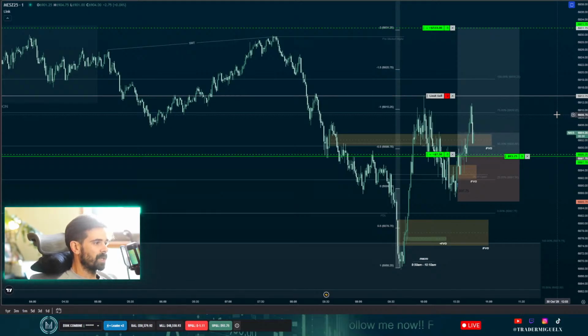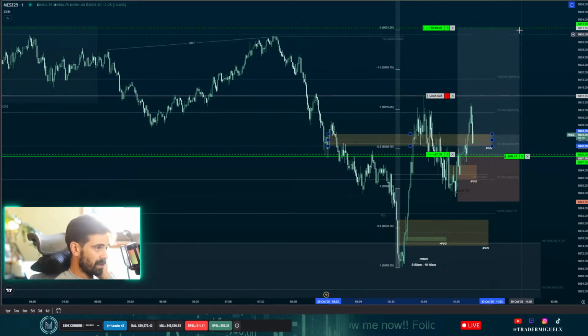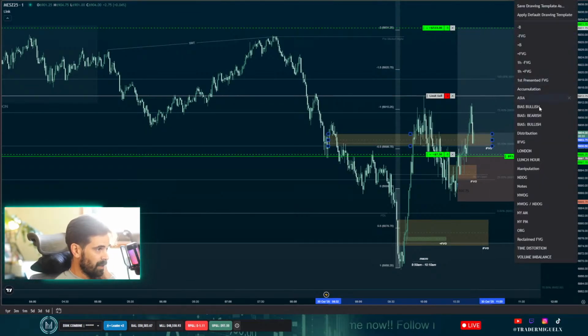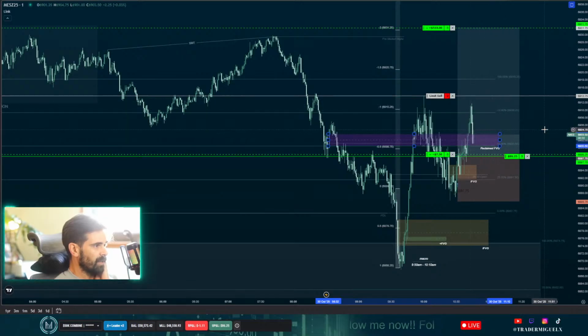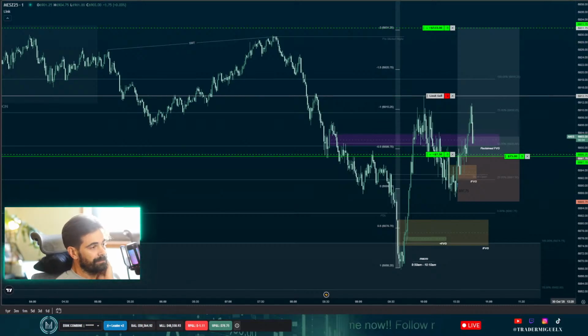This bullish reclaimed fair value gap should act as a reclaimed one, and these two candles should act as an order block. If we get stopped out here, well, that's a shame, but it is what it is.